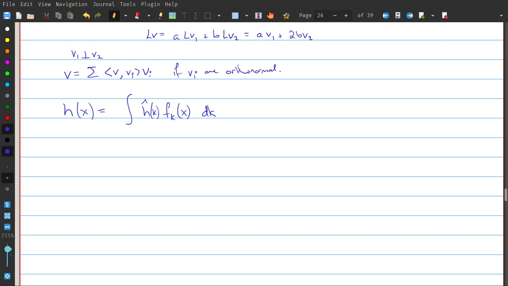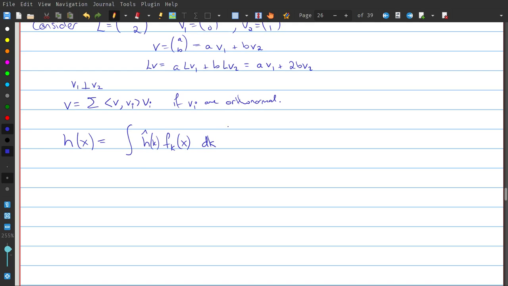Right, the h hat are the coefficients of this. H hat, of course, is also called the Fourier transform of f.